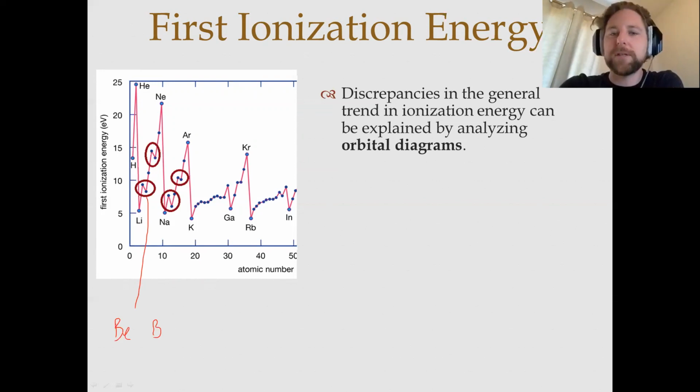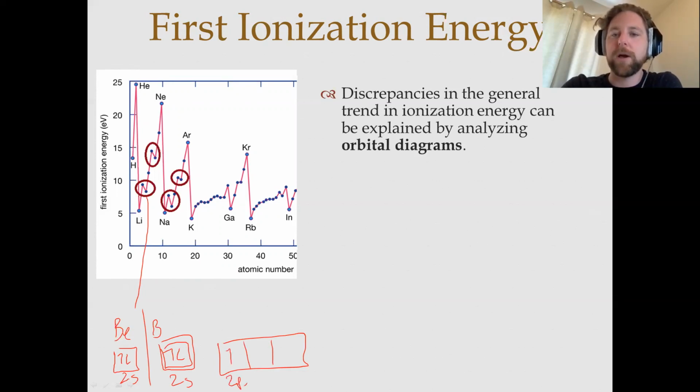So this is the difference between a full 2s orbital diagram, and then boron has 3 valence electrons, which we have 2s, and then there's 1 electron in the 2p block, which is going to be a 2px, 2py, and 2pz.